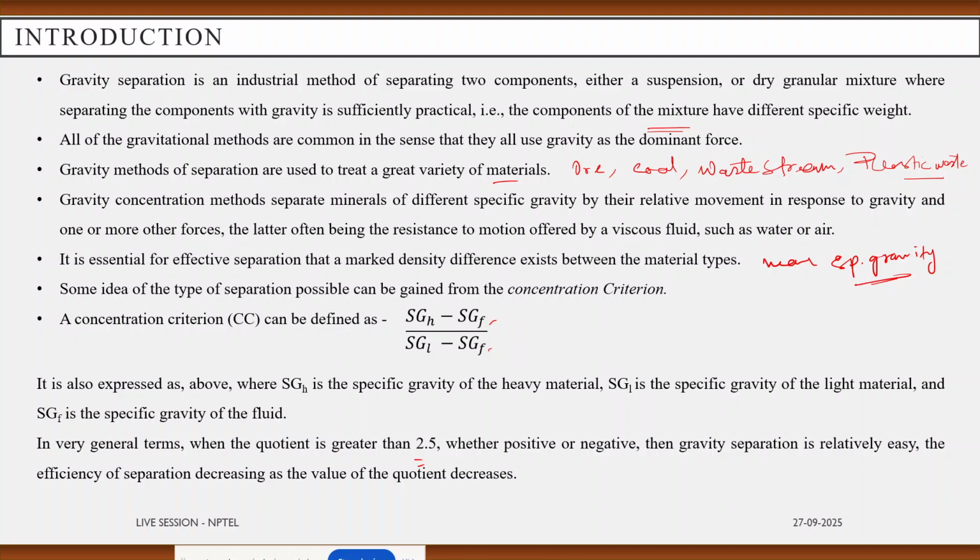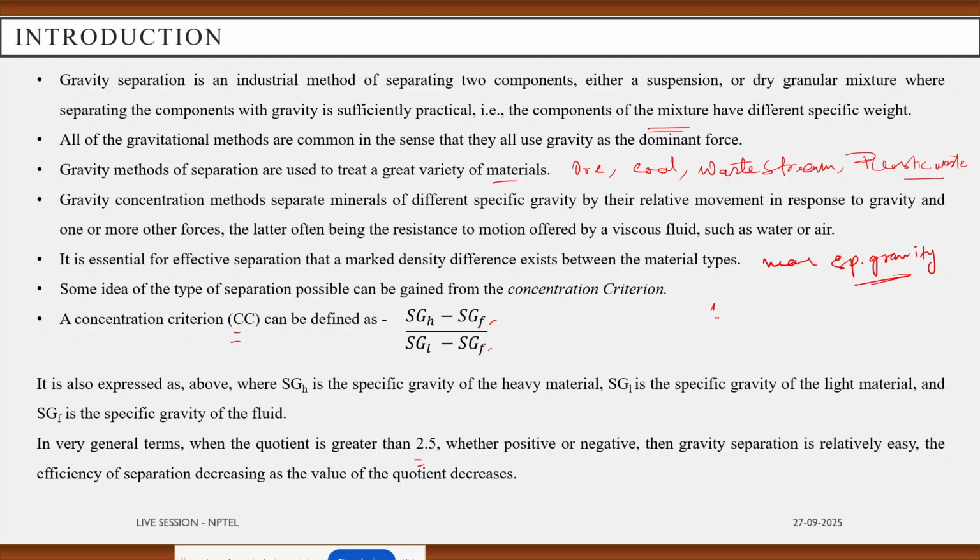The efficiency of separation by such a process decreases as the value of this Cc, the concentration criterion, decreases. So this is a very important factor when you are handling minerals.